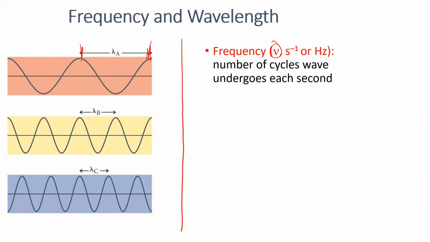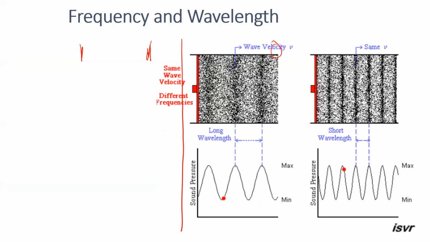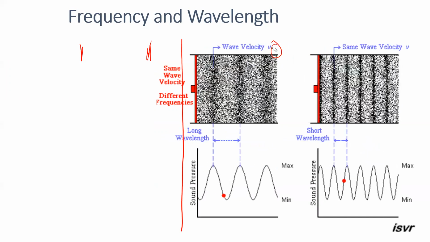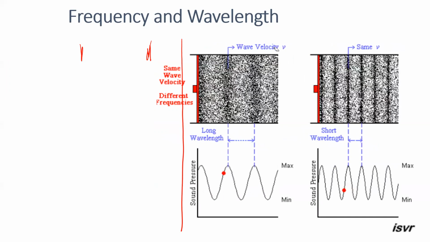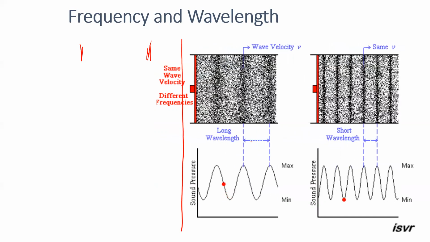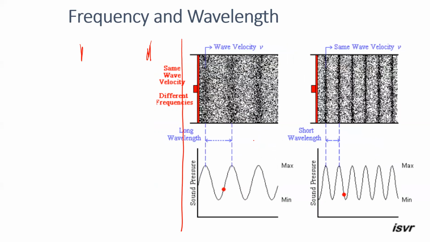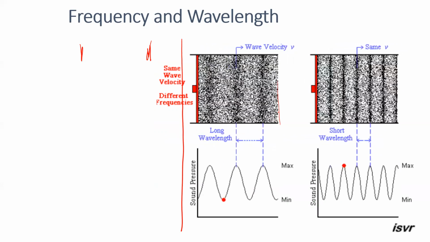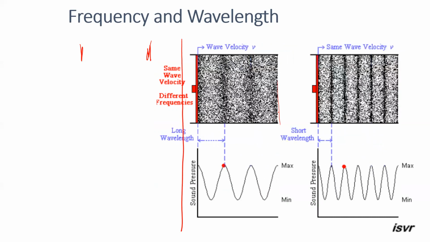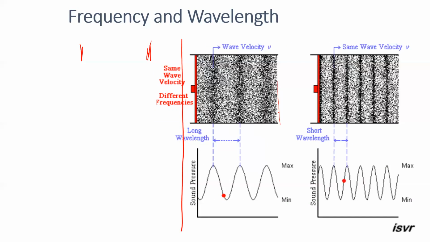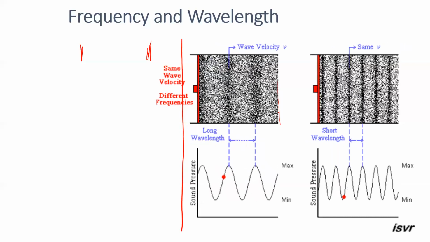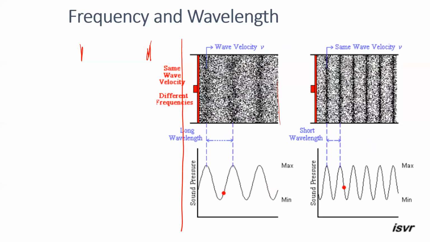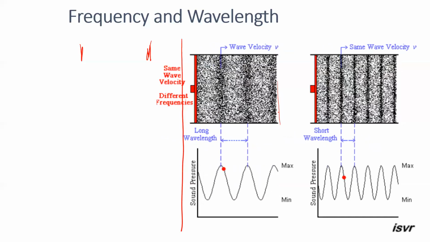Now, this is kind of a cheesy drawing, so we can look at it in terms of this. We can see that if I have a wave and they're traveling at the same speed, the ones with the longer wavelengths are going to have fewer peaks passing a point per second because their wavelengths are further apart. So a longer wavelength versus a shorter wavelength, you can clearly see that the shorter wavelength is having more peaks pass per second.